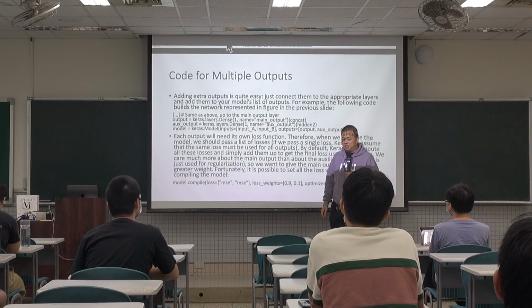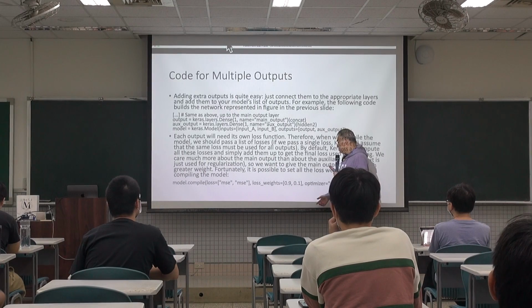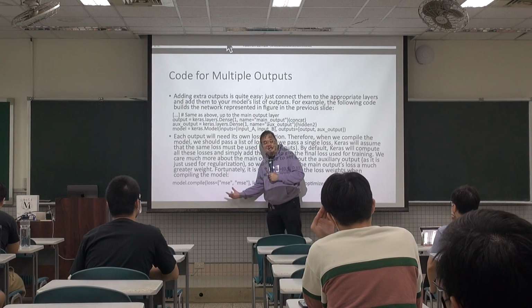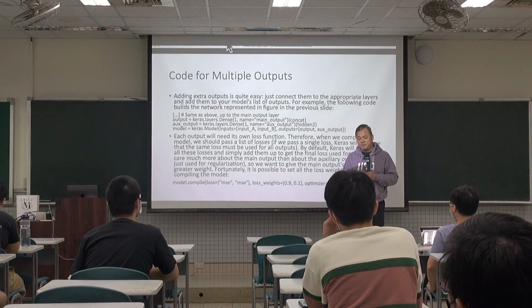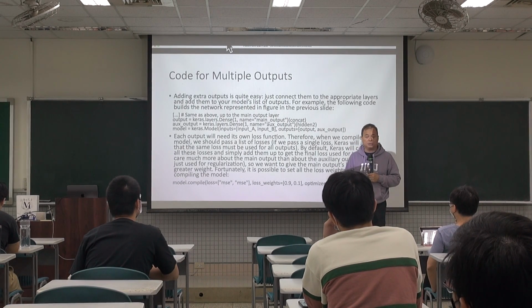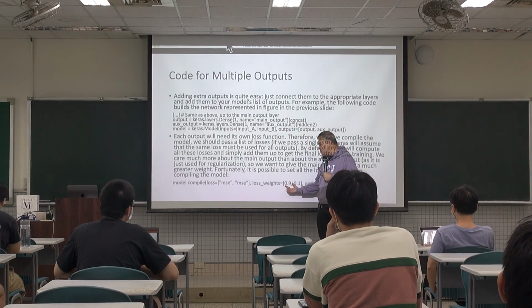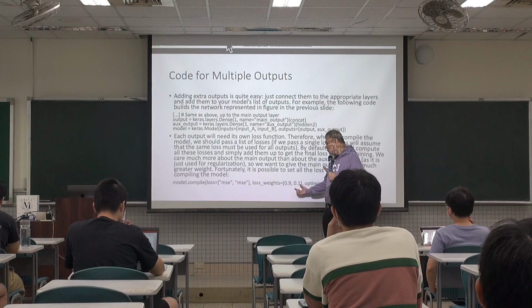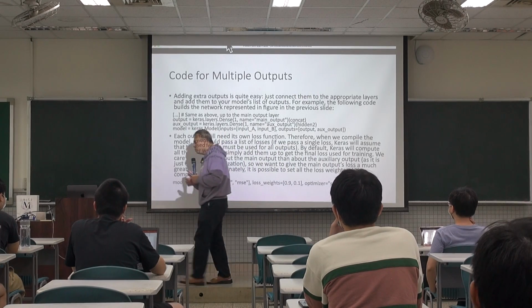Basically, loss weight is a mechanism to put emphasis on different losses. After all, the first output is the primary output, so this is the most important one for the model. We want it to be as accurate as possible, so we put 0.9. We want to put more emphasis on the first loss, and we put only 0.1, a lighter emphasis, on the auxiliary output.